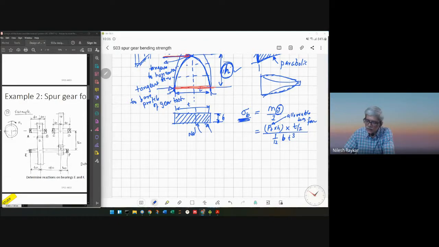That's why we rewrite this equation in terms of PT. PT is the allowable tangential load or tangential force. If you rearrange the terms, you will get B into sigma B multiplied by T square by 6H.